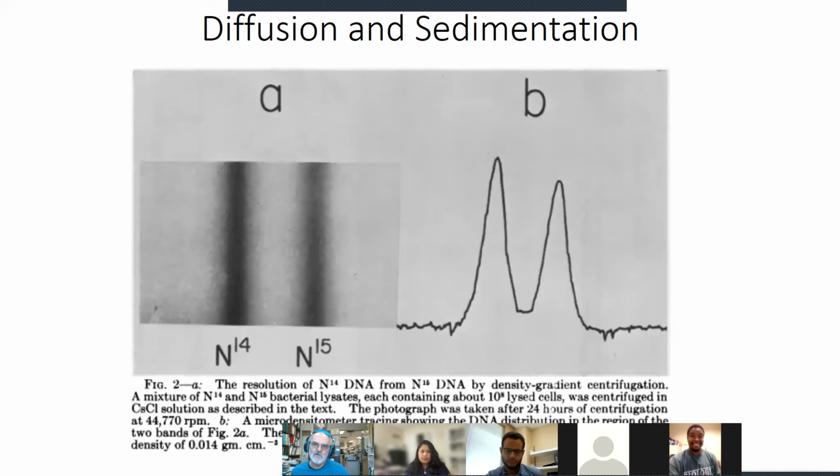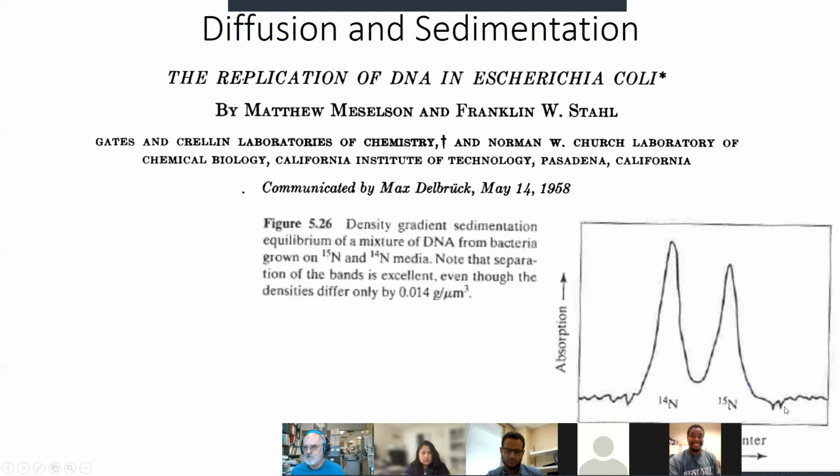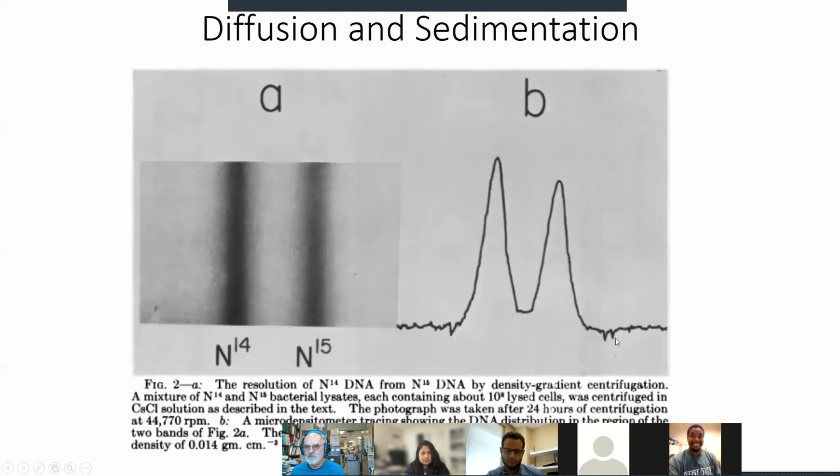Okay, and so the data actually looks like this. You can look at this. See these doublets here? This is the figure out of the paper that Meselson and Stahl published.